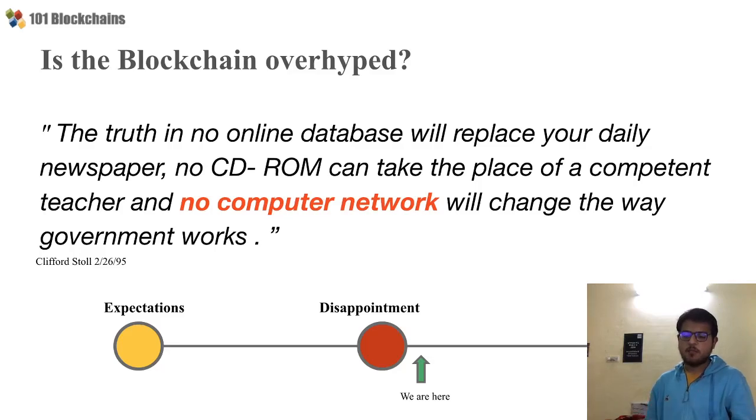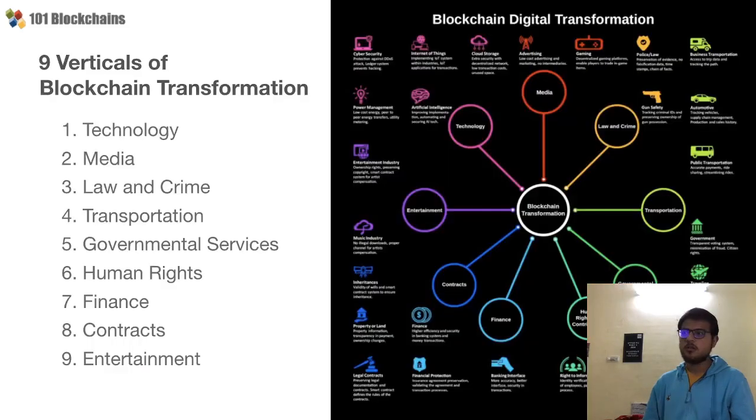When government starts losing its control over a currency, why would they like it? So we have hit a disappointment part, but changes would happen, and I'm very optimistic about the technology because it has a lot of potential to really change the way you and I interact in the world.